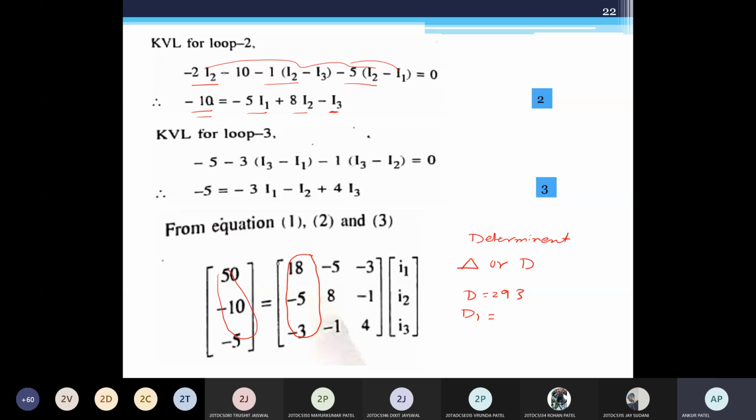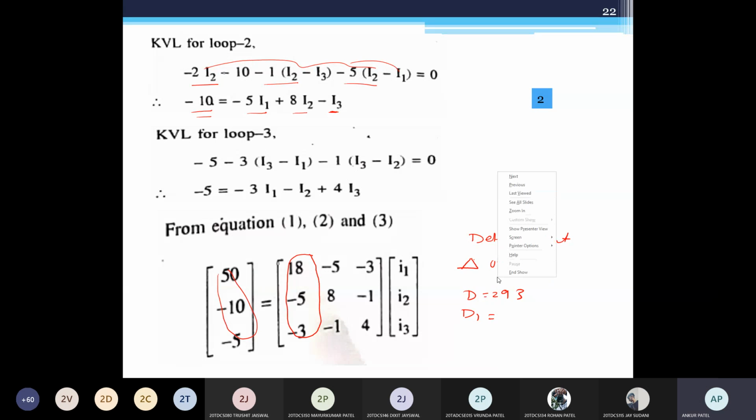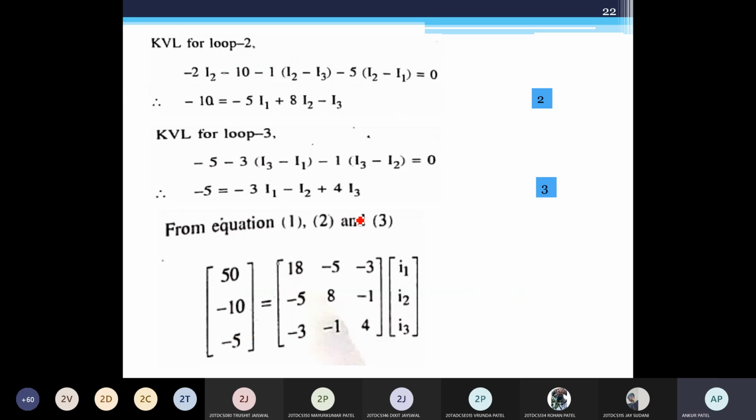Okay, so your D1 matrix becomes like this. Your D1 is now 50, minus 10, minus 5, minus 5, 8, minus 1, minus 3, minus 1, 4. This is your D1.